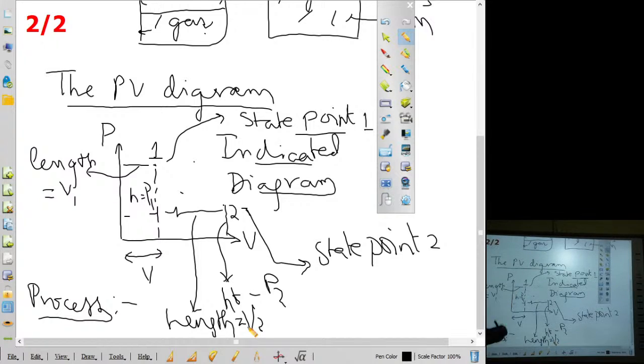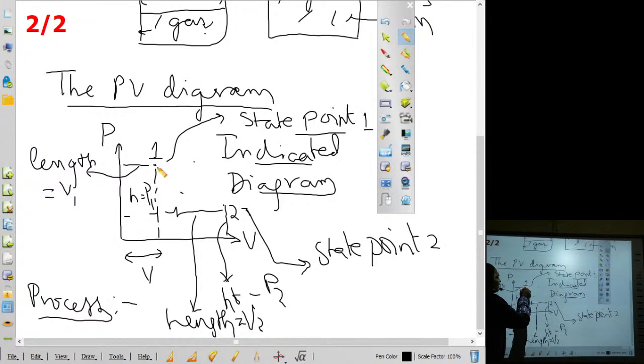So at point 1, pressure is different, volume is different. At point 2 again, pressure is some other value, volume is also some other value. So pressure and volume have changed, meaning some change is really there for the gas. When a gas has undergone a change from point 1 to point 2, that change is called a process. So when a gas has undergone a change from one point to another point, we say the gas has completed one process.